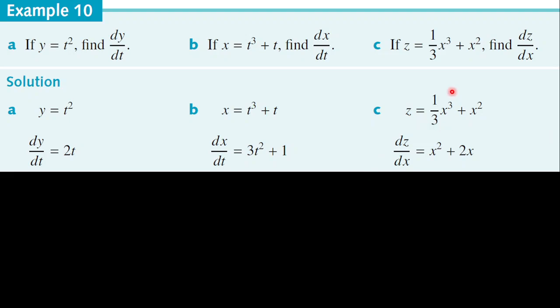Next one, 1/3 of x cubed becomes x squared, or 3x squared times 1/3. And again, it's a sum of functions, so the second function here, x squared, will become 2x, and you combine them as a sum. Remember they're unlike terms, so you don't simplify that, you leave them separated, they're different powers.